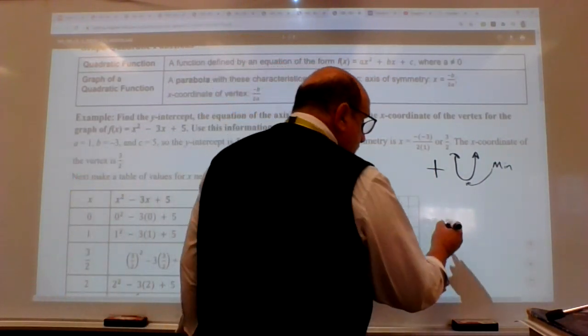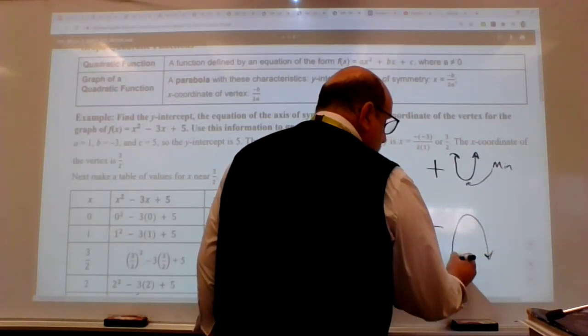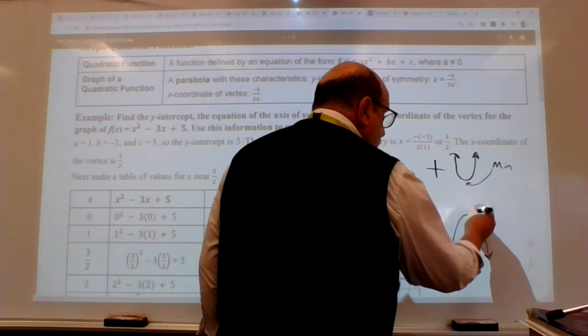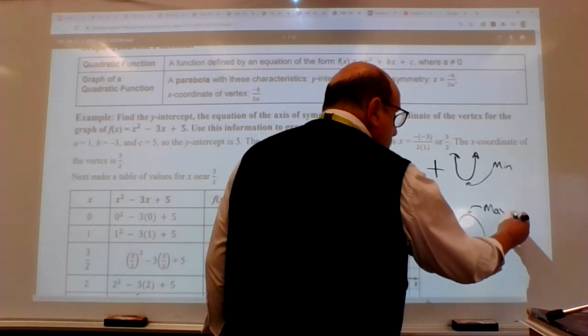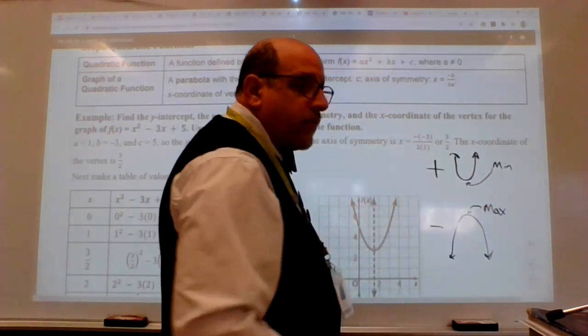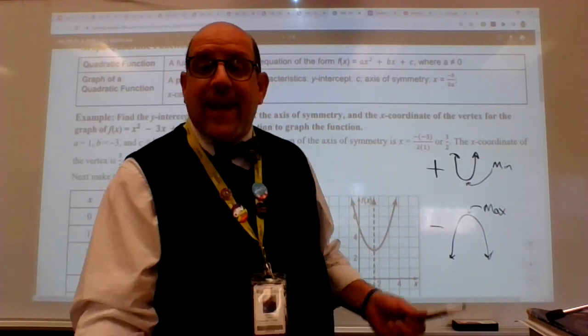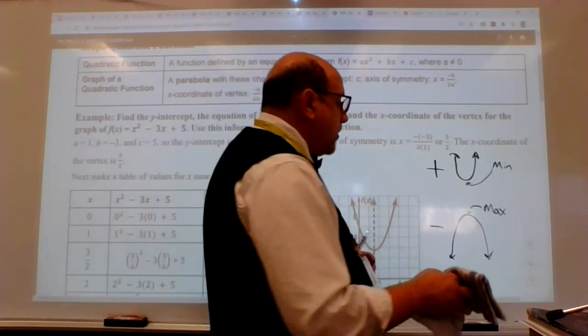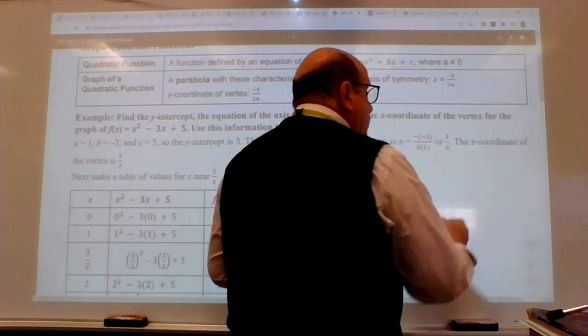And obviously, if it points down, this point right here at the top would be its maximum point, right? It can't go any higher, therefore it's its maximum. And so there are a couple of things we can write down when we analyze what these parabolas are, where they exist, and what we can do with them.